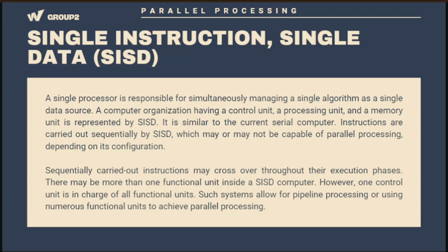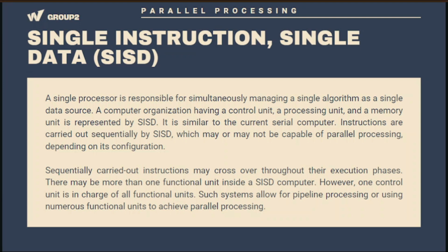So to explain, SISD is the simplest and most basic type of computer architecture, which consists of a single processor that executes instructions sequentially on a single piece of data at a time. Traditional PCs and most early computer systems operated on SISD architecture.